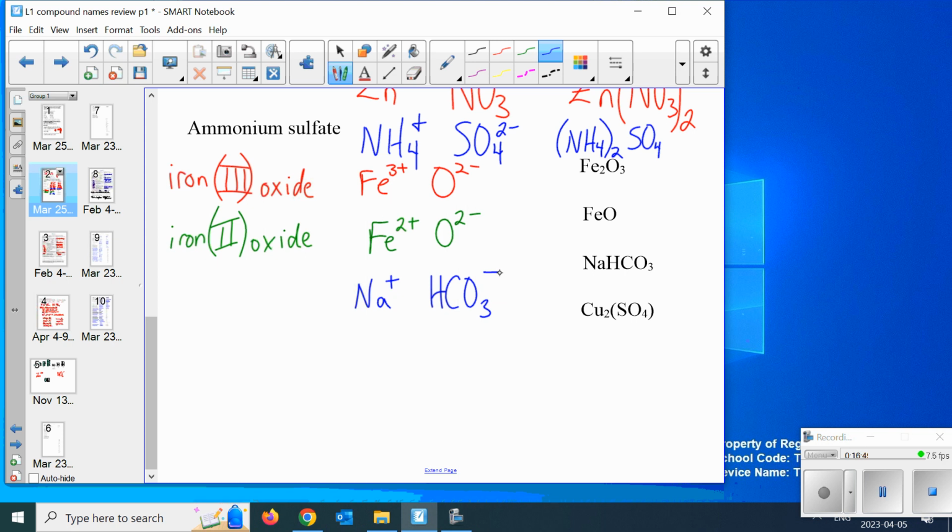You ever heard of sodium bicarbonate outside of chemistry? Or outside of science? What is it called? Sodium bicarbonate. Cow brand baking soda, you ever hear of it? Oh, there's a cow brand.